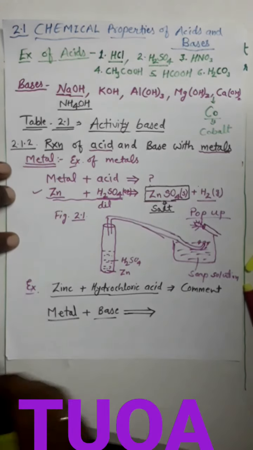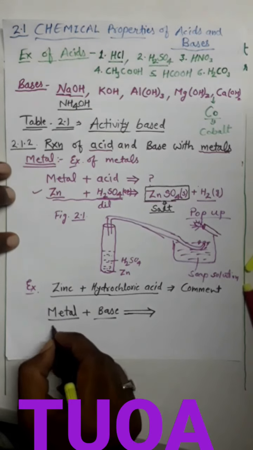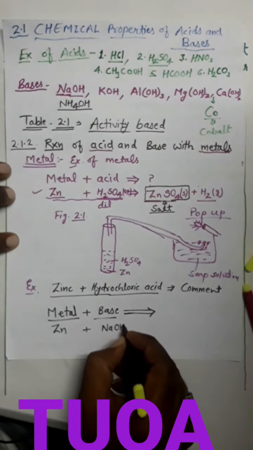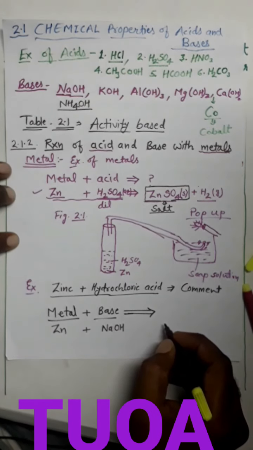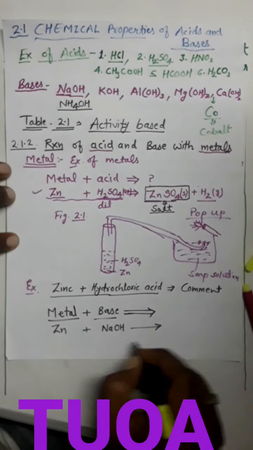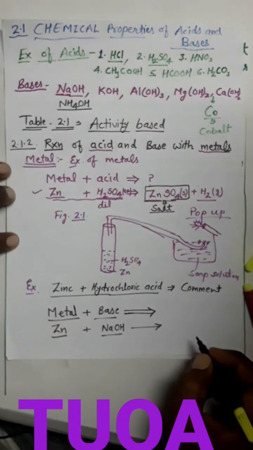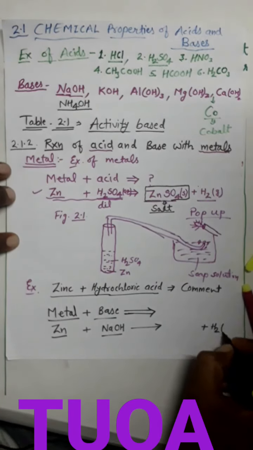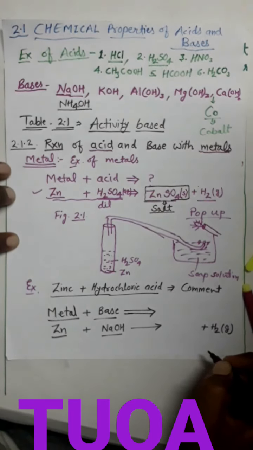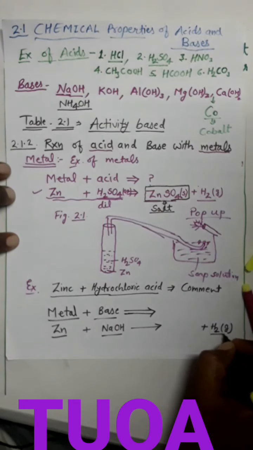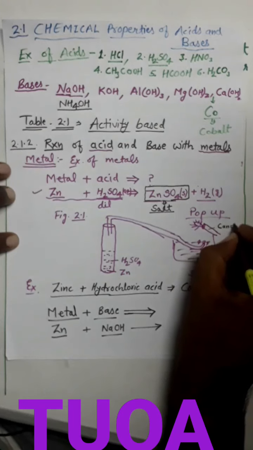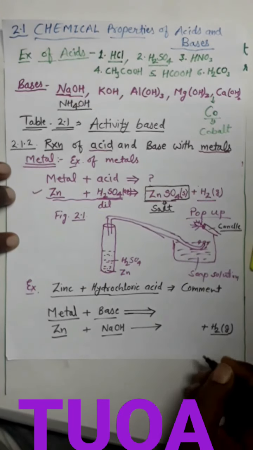So metal plus base. Again for the metal example I am taking zinc, and here I am taking the base as sodium hydroxide. Now what happens when we allow zinc and sodium hydroxide to react? Surely hydrogen gas is produced, with a pop sound if you bring this hydrogen gas near a burning matchstick or candle.